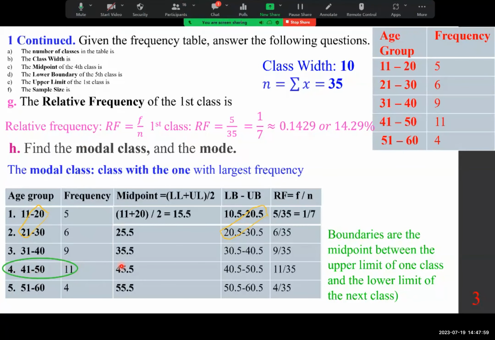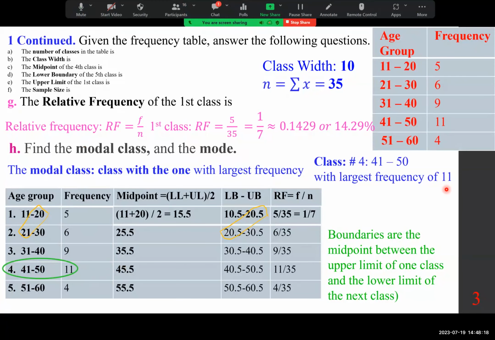Therefore, this is the modal class. So class number 4, which goes from 41 to 50, with the largest frequency of 11. What is the mode? The mode is the midpoint of that class, which is 45.5.